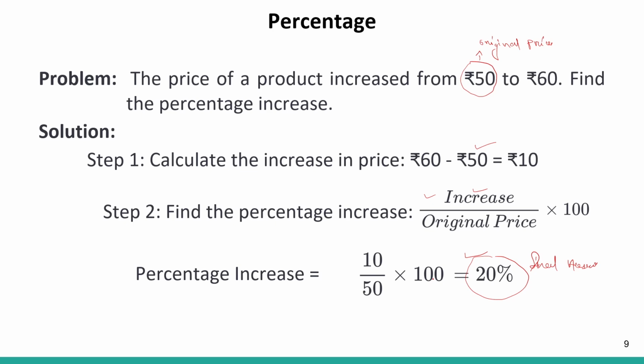So the price of that product was increased from 50 to 60, and we wanted to find the percentage increase. So we calculate the increase in price, 60 minus 50 is equal to 10, and then the percentage increase is equal to increase by original price into 100.